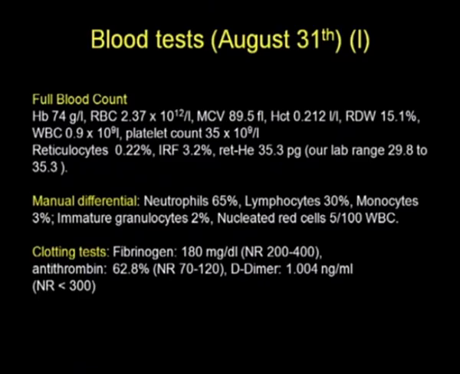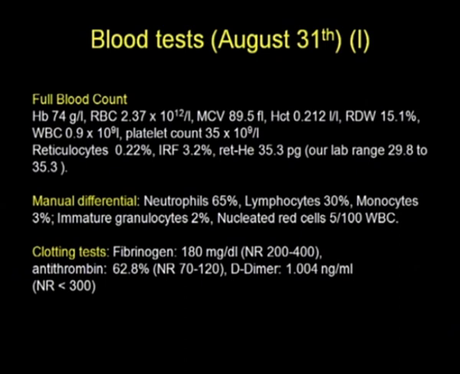So the full blood count was, from the report: hemoglobin 7, white blood cells 0.9, and platelets 35. This is the MCV. Retics 0.2. IRF in the second was 3.2, and Ret-He, that is the hemoglobin content of retics, was at the maximum of our lab range.